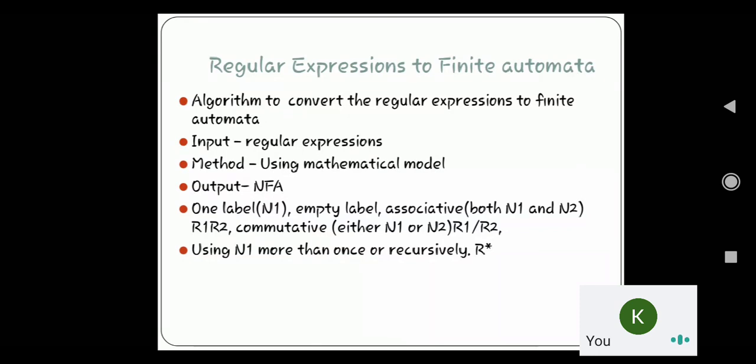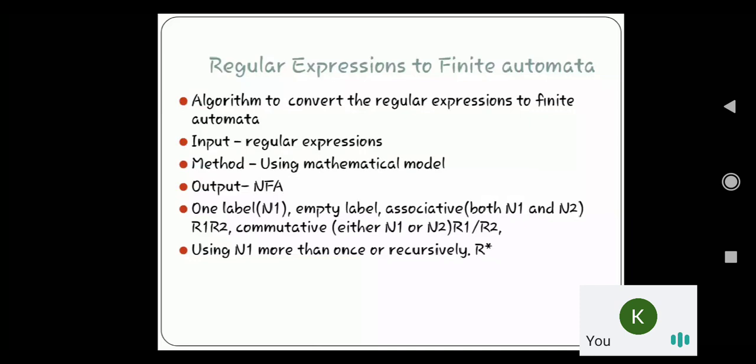Recursive in the sense that the same label passes between the same states more than once. So from 0 to 0 itself, suppose you pass the label A more than once, we call that a recursive nature.